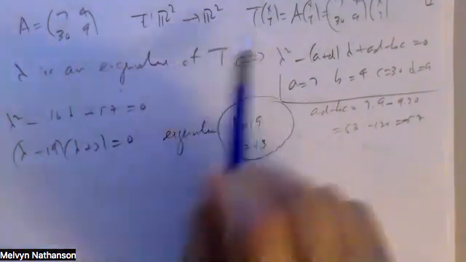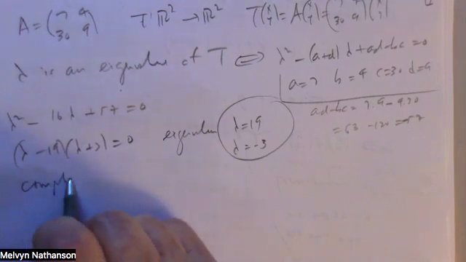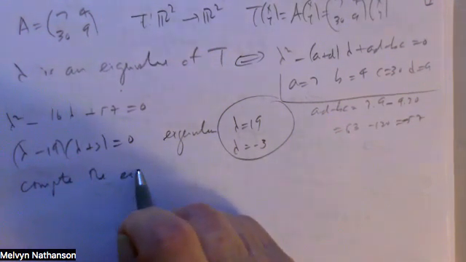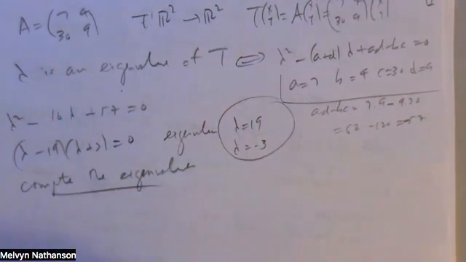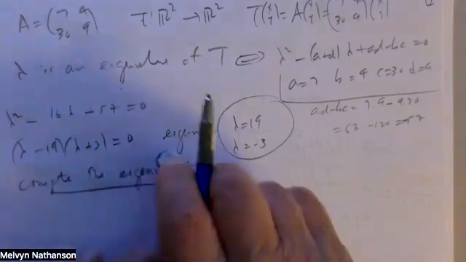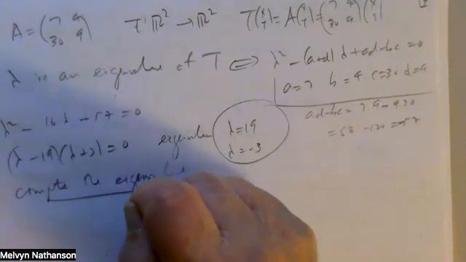So this linear operator has eigenvalues 19 and minus 3. We found the eigenvalues. We need to compute the eigenvectors.